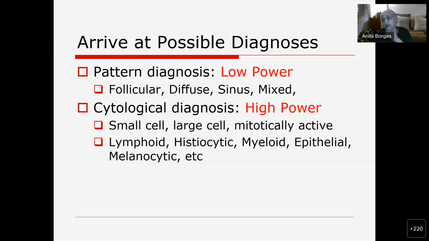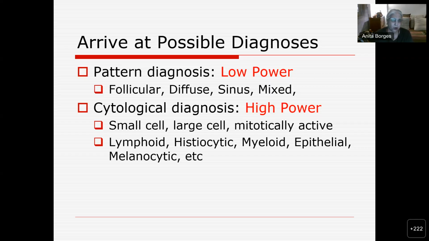Now, I know when I ask people, how do you know that something is small or something is large? Well, you can't use the same yardstick for what is large and what is small as in general pathology, because almost every cell in general pathology, particularly of solid tumors, is large compared to what you will see in a lymph node.